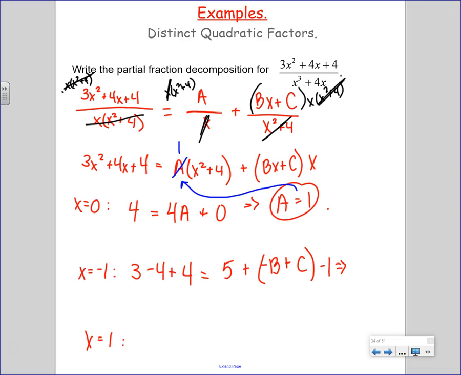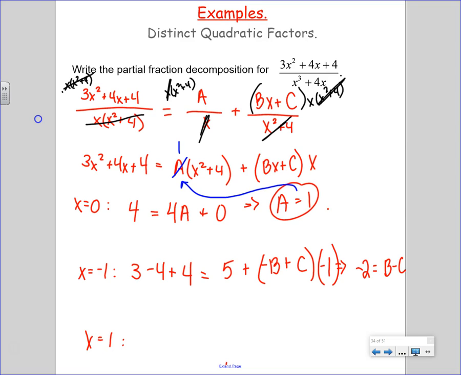That leads me to, well, 3 minus 4 is -1, 3 minus 5 is -2. Careful. Okay, so -2 equals b minus c. Gotta get us another equation.